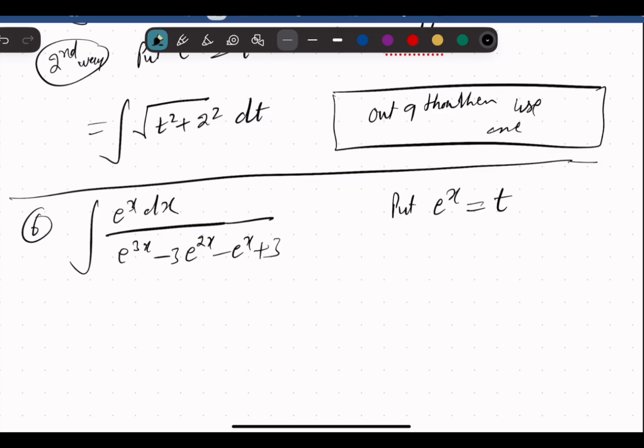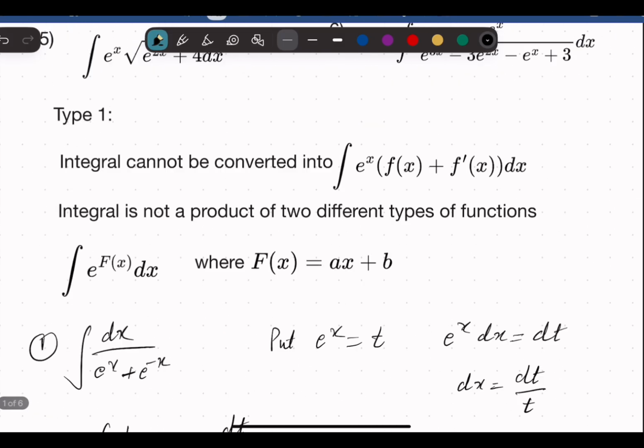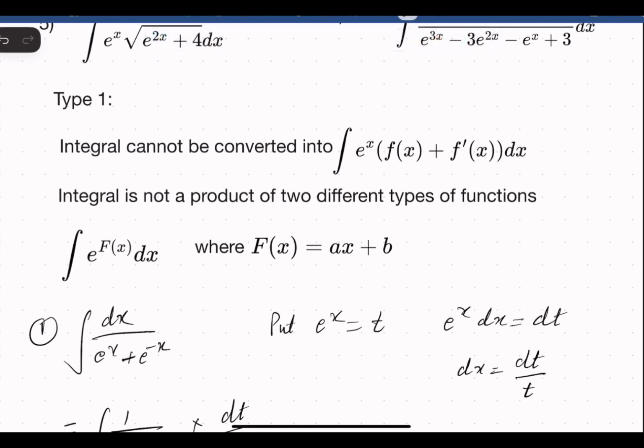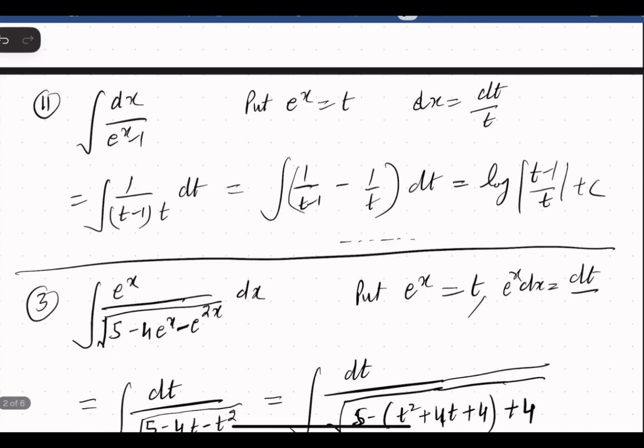The second condition is that it is not a product of two different types of functions. Third, you cannot express it this way. The next video will be when you can express it this way, and the third and fourth videos will cover other cases. Don't forget to watch those videos.